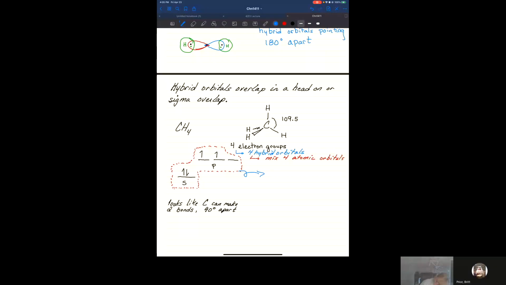I'm going to end up with 2, 3, 4 equivalent sp3 orbitals, because I grabbed the s and then all 3 of the p orbitals, and 4 electrons, 1, 2, 3, 4.